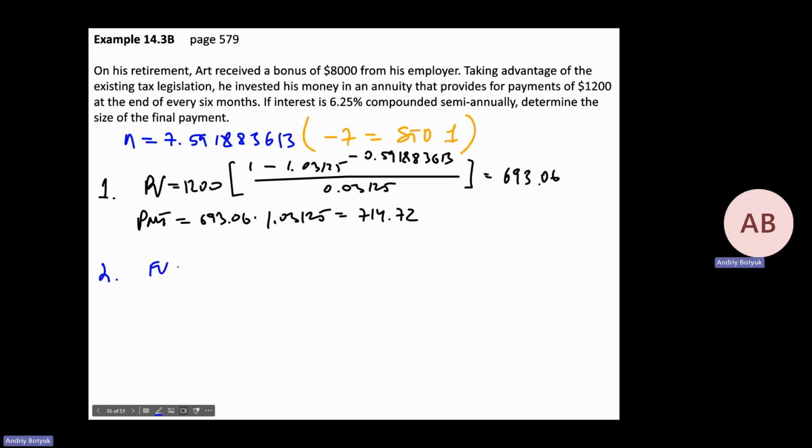So future value, 8,000. Now 7. Future value of 1,200.